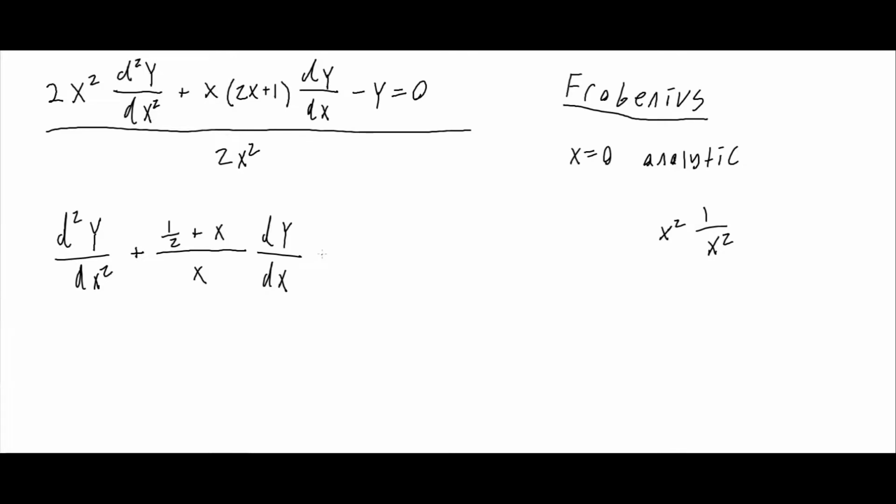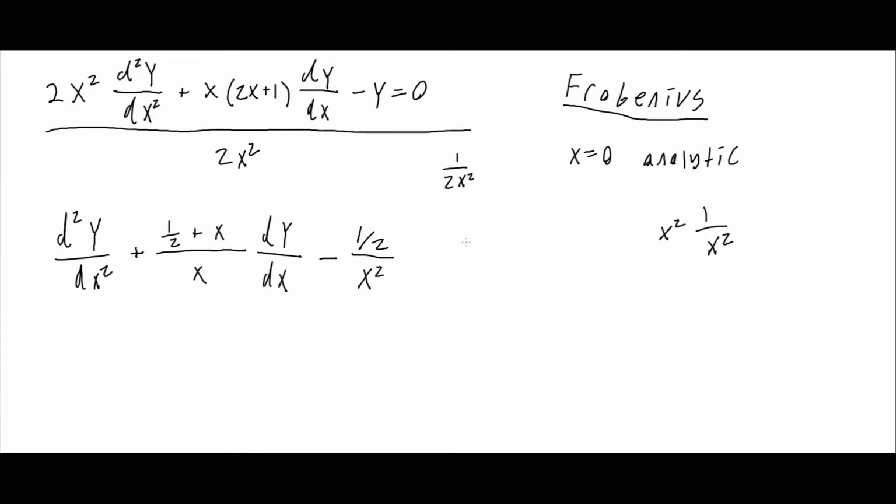And then we have minus, so this is still a minus. And then we have, I'm going to write it like this, 1/2 over x squared. I could have written it like 1 over 2x squared, but I'm going to keep it in this form right here.